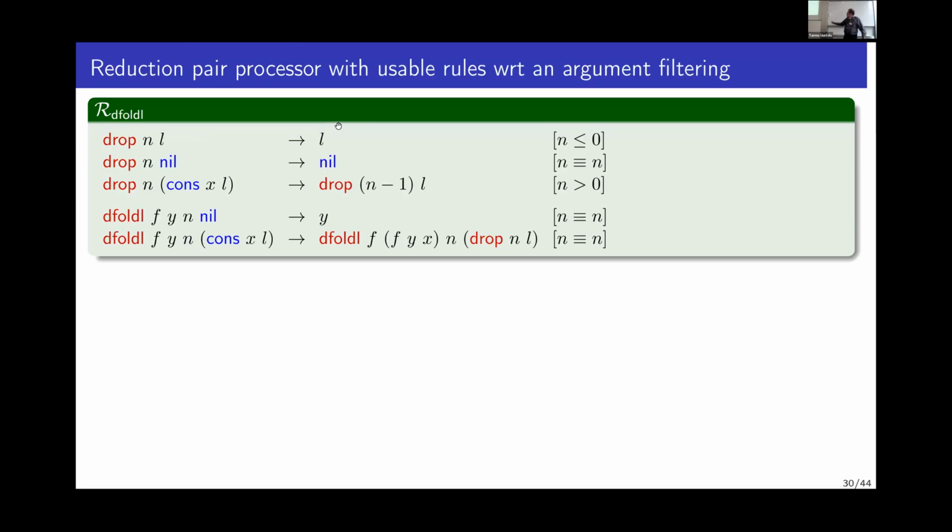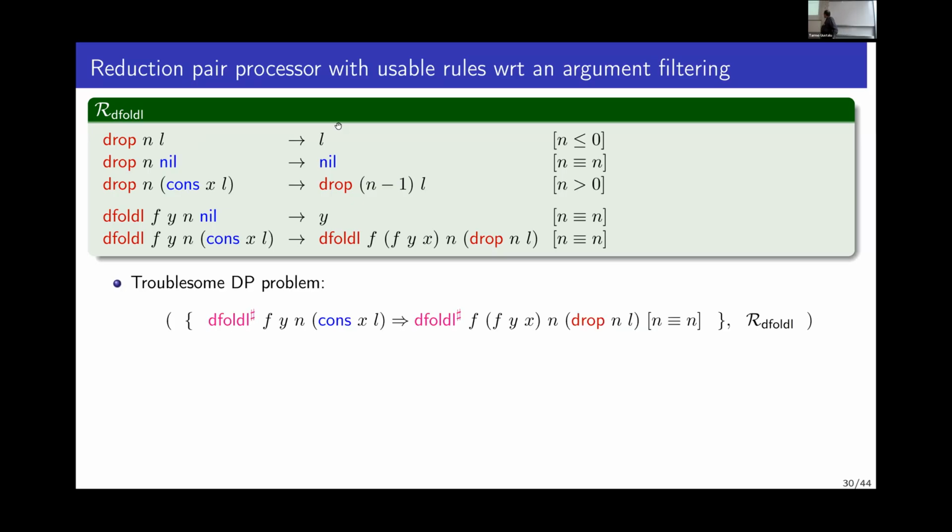Another variation, we can fold in 2 ways. We can also have our application of F inside defolder, which of course gives us a troublesome DP problem, where now we have F of Yx in the dependency pair on the right-hand side itself. All rules become usable because F could be anything.